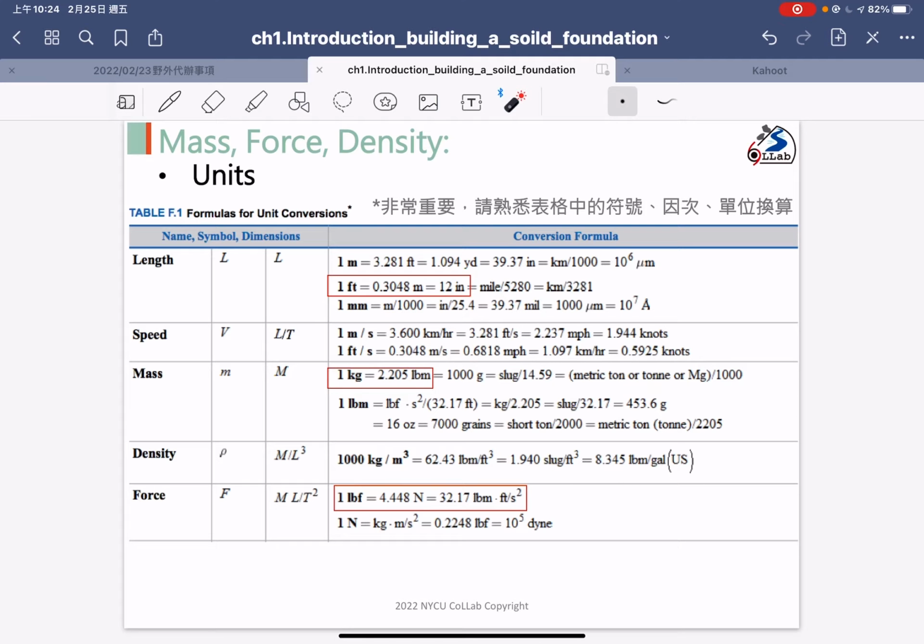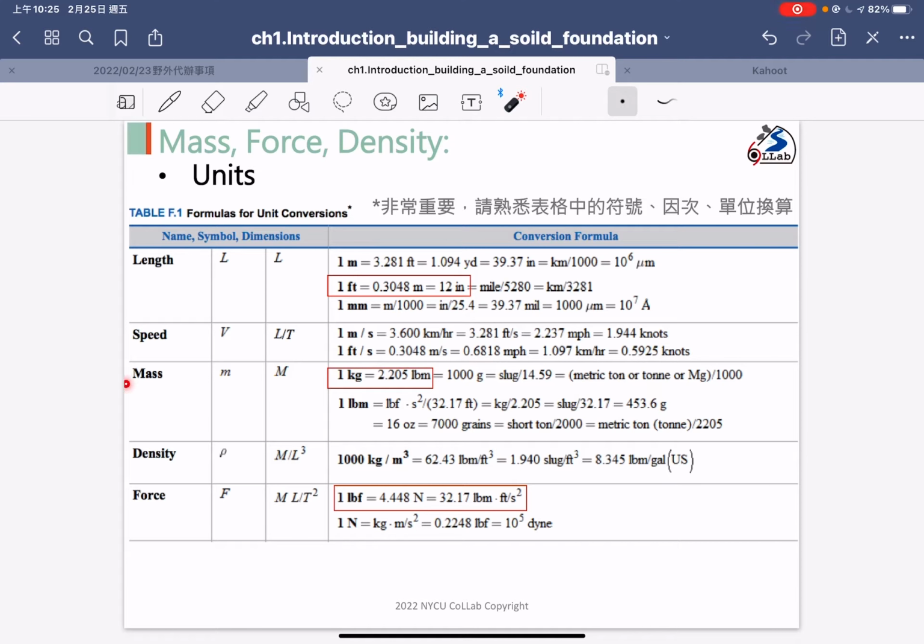The table shows many conversions, but you just capture some important information, and you can convert by yourself. If you are so smart you can remember everything shown here, but sometimes maybe you have some trouble and you will forget some things. So I suggest you just remember some important ones, like the ones I put in the slide.